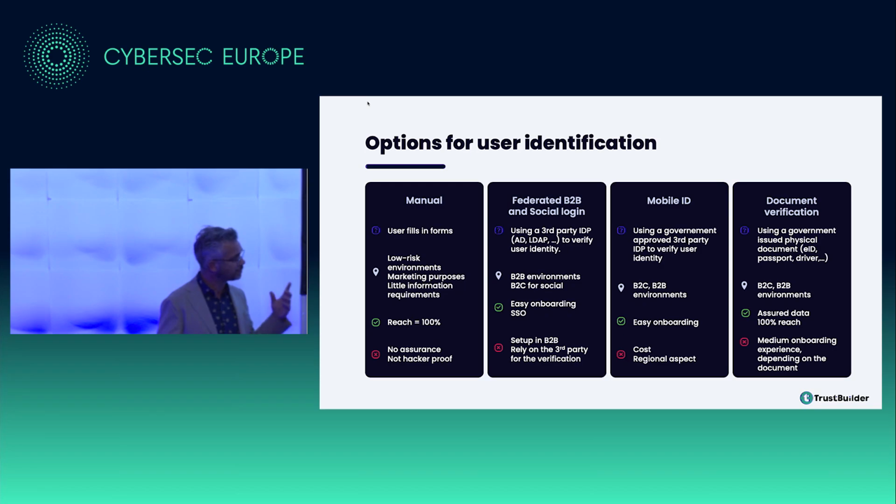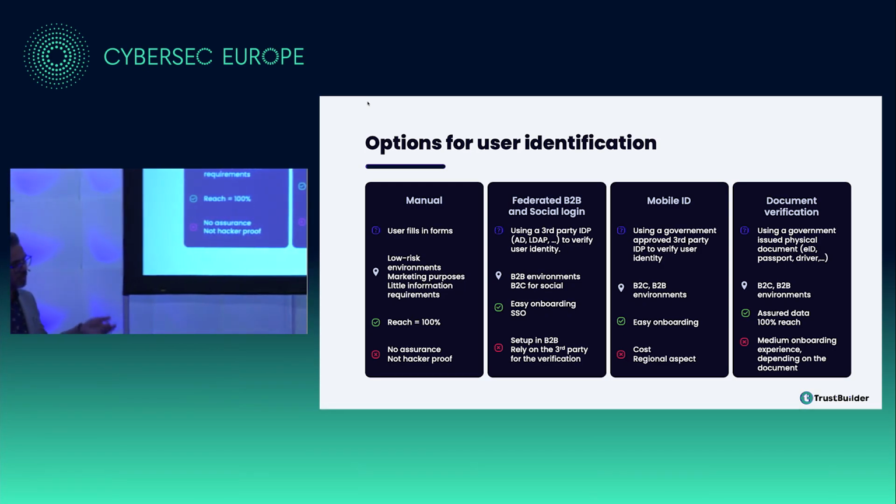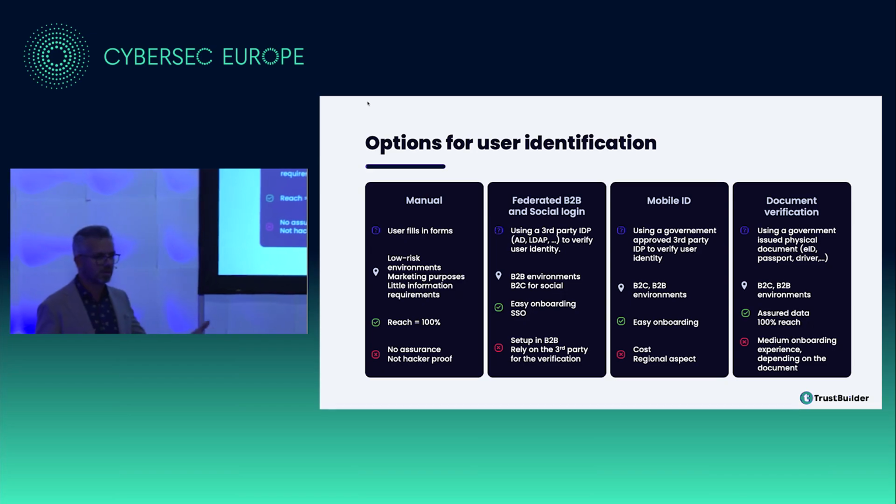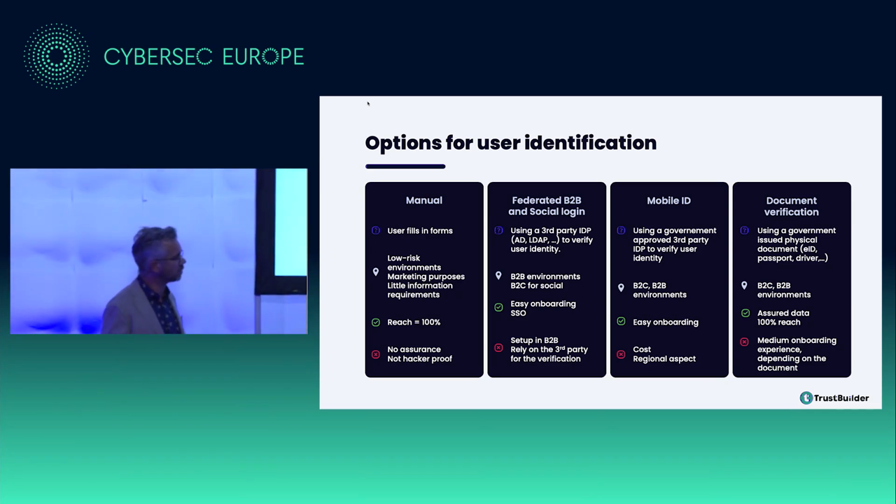The downside of that is the cost, because there always is a pretty large cost, especially in B2C environments. And it's also very regional. So you have itsme in Belgium, okay, they're expanding outside. You have to use eDentity in the Netherlands, Bank ID in Sweden.